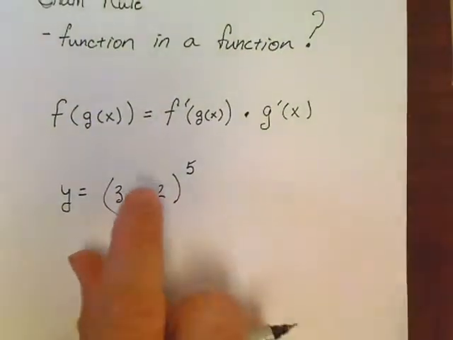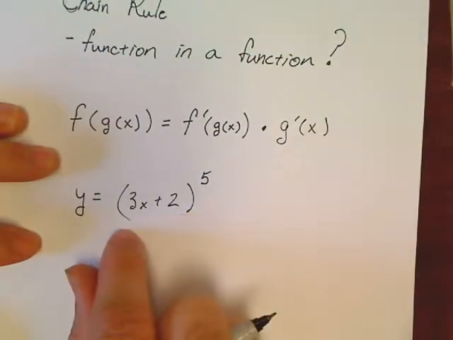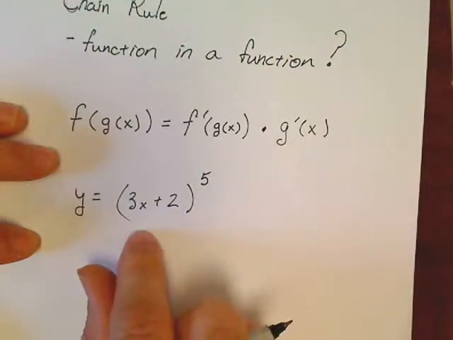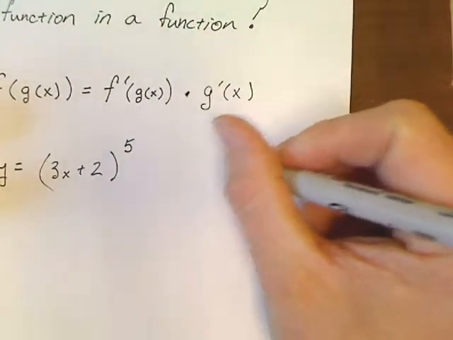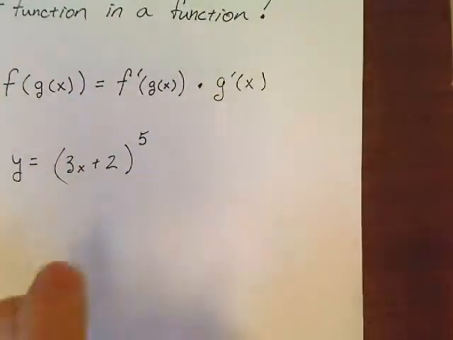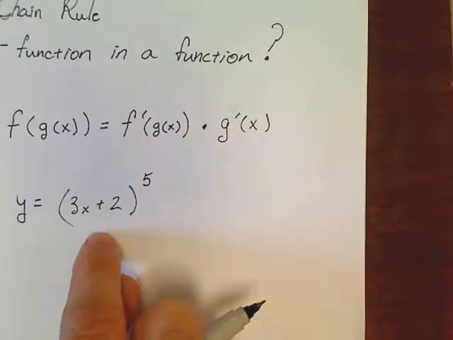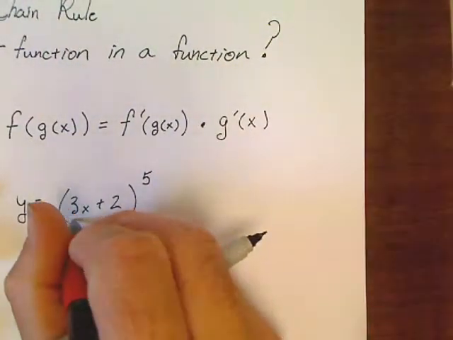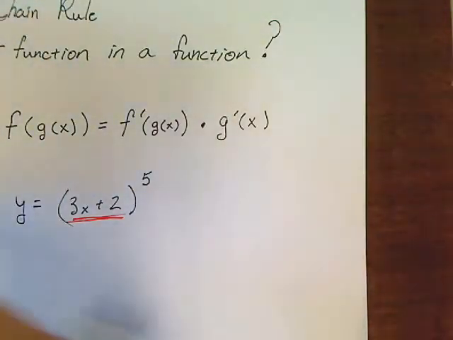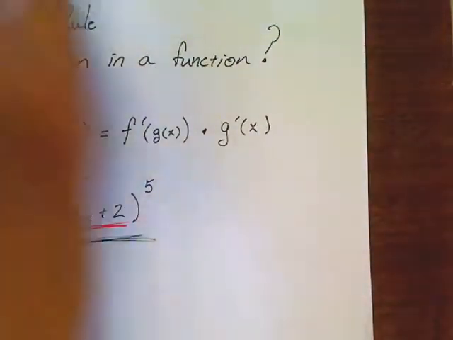Now, you could do this by just distributing this, writing it out, 3x plus 2 times 3x plus 2 times 3x plus 2, and no thank you. Here's what it means. When you look at this function, there are two functions here. The 3x plus 2 is a function, and then this whole big thing is a function.